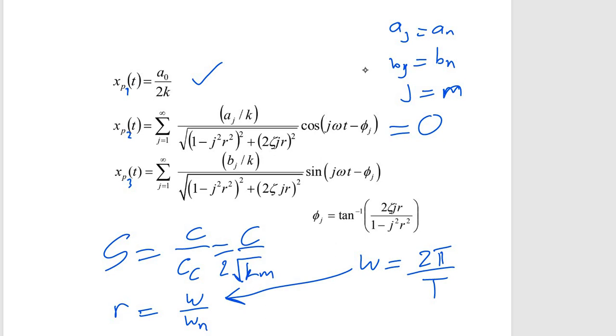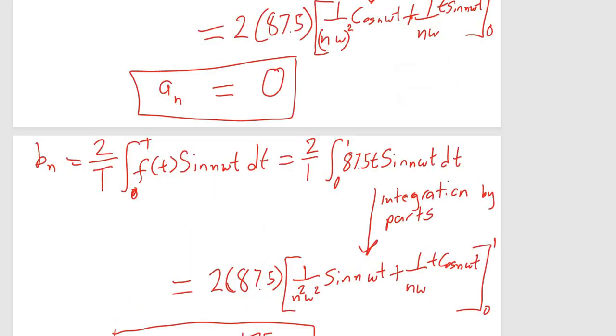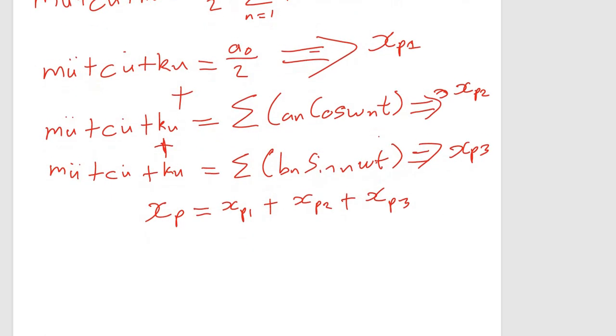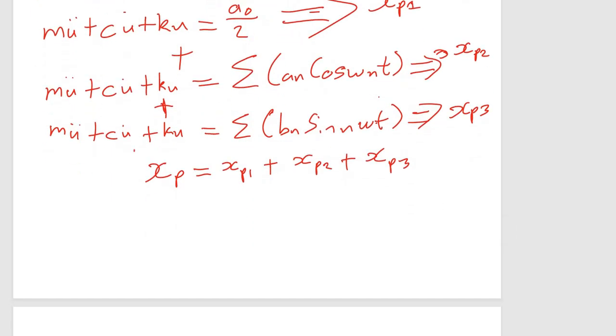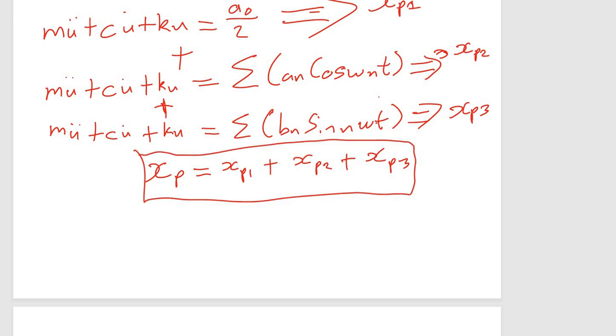Having done that, if you evaluate your xp1 and your xp3, you will be able to find the overall particular solution. What's left is just for you to evaluate those terms. If you find those terms, you are home and dry, and you find your particular solution.